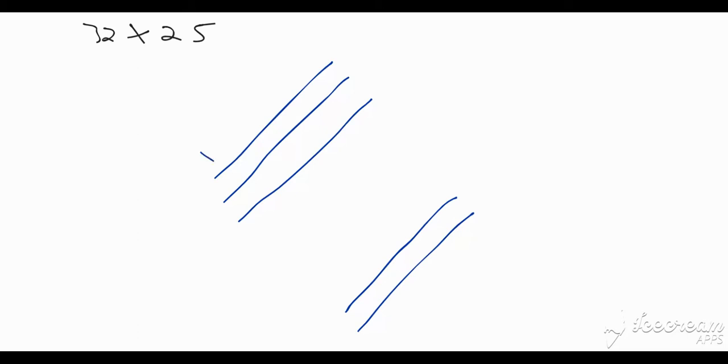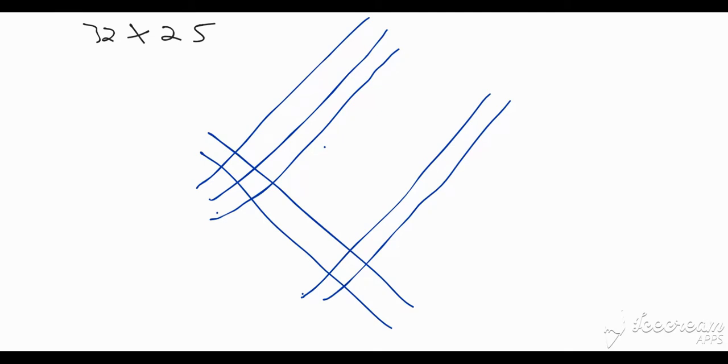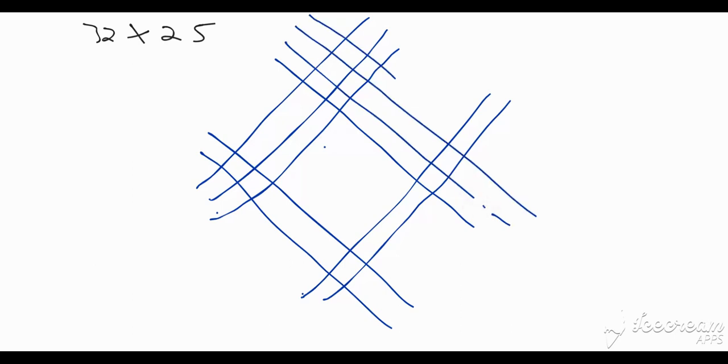So we're going to have two lines. 1, 2. And then for the 5, we skip a space and we're going to have 1, 2, 3, 4, 5 lines.